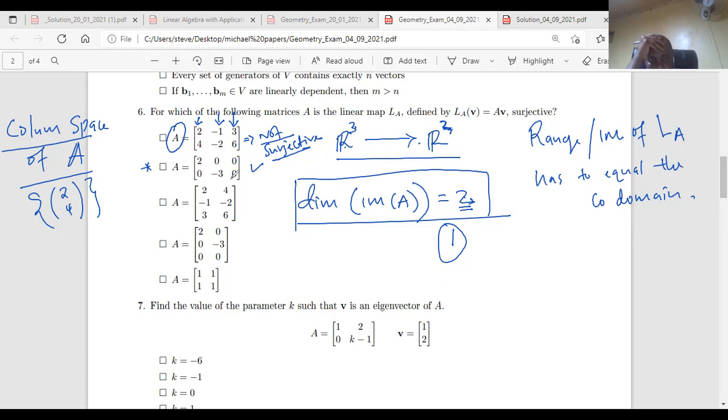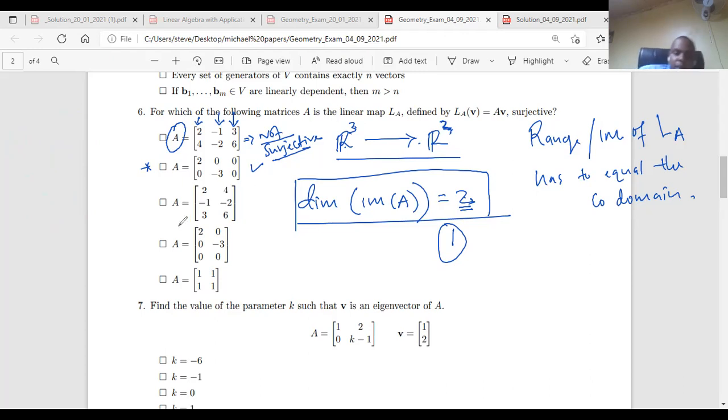And the other ones are wrong because they have three rows. For the other ones, we need to check. Look at the third one. It's taking us from R2 to R3.